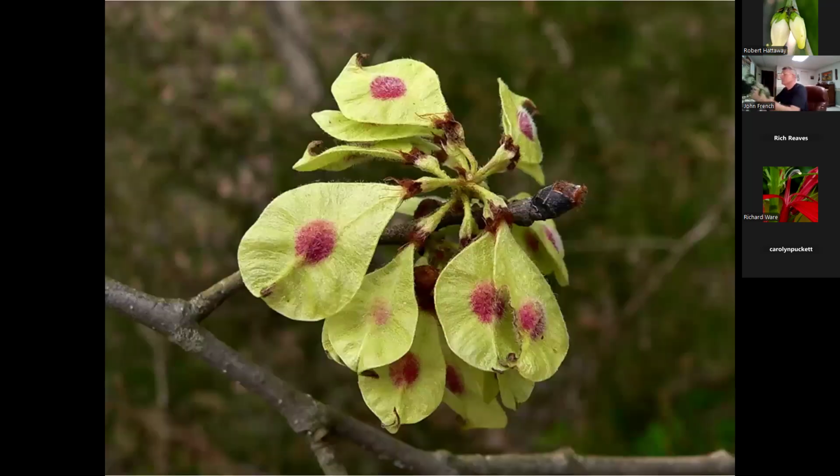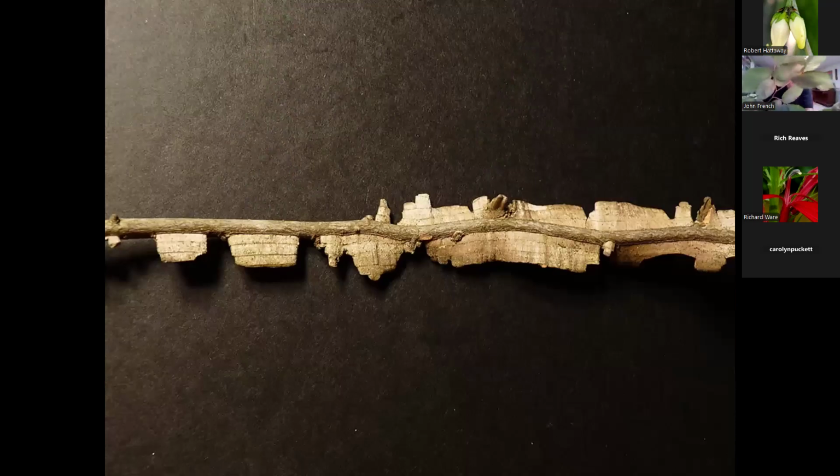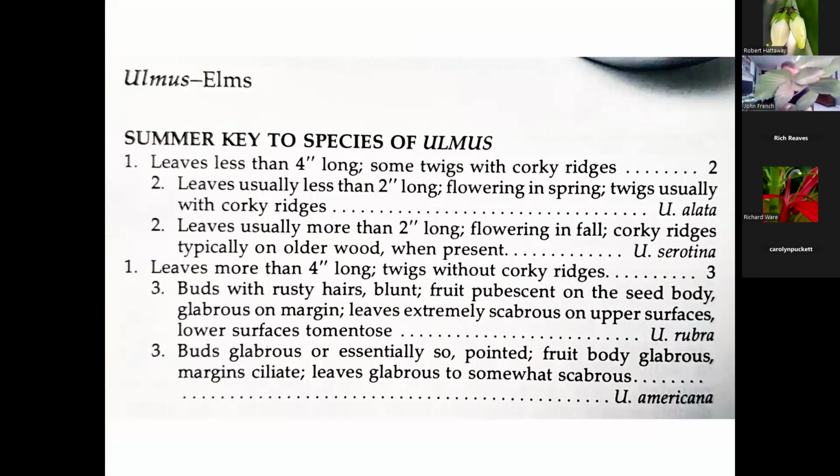And we have how many species? That picture there is showing a winged elm twig. There seems to be a problem with this key, because it's designed to go to winged elm, but most of the winged elm I've ever seen wasn't asymmetrical. Oh, or if not asymmetrical, the twig's corky.